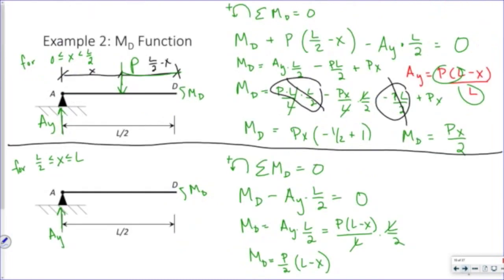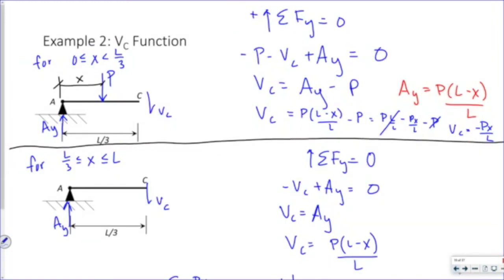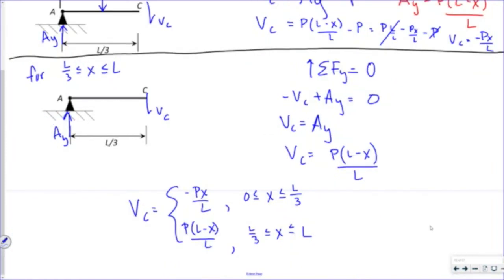If I type those values into my calculator, I start out at 0, decrease down to, at L over 3, right before C, I would get P times L over 3 divided by L, so minus P over 3.